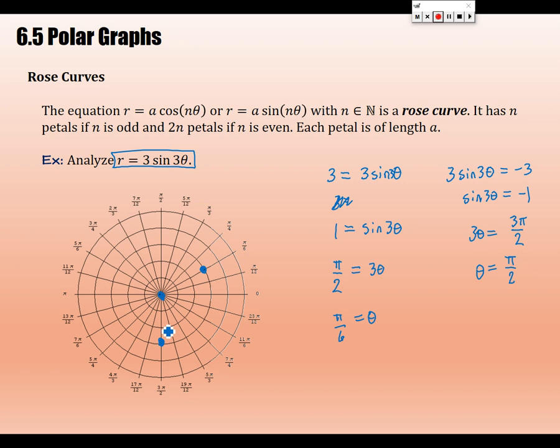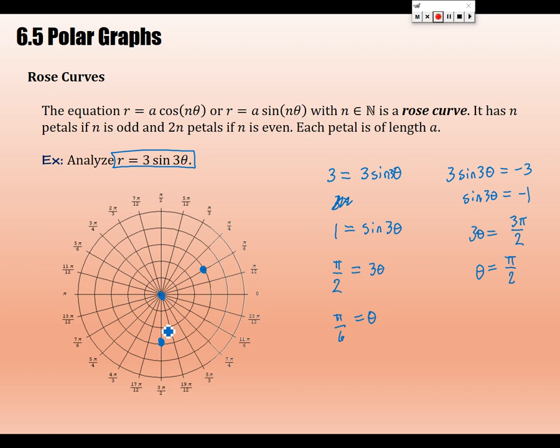At 2 pi over 3, I'll just tell you that, we're at 0 again. And then, we'd like to know maybe where another petal is. Well, we didn't tell the whole story over here.